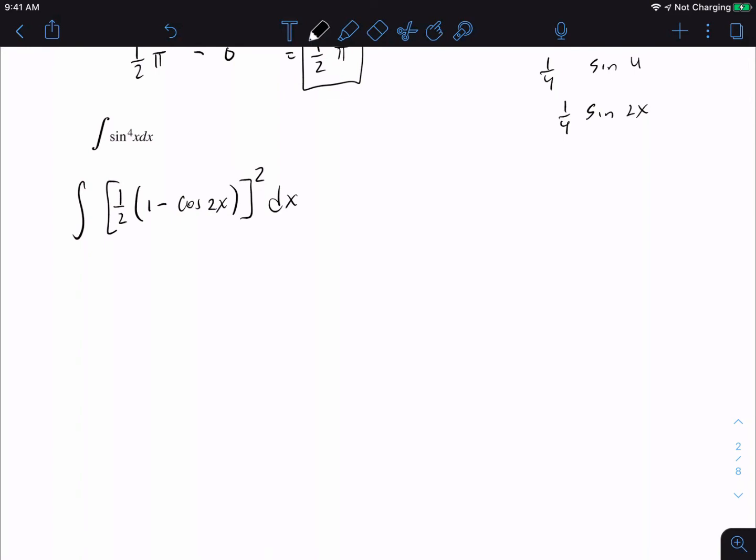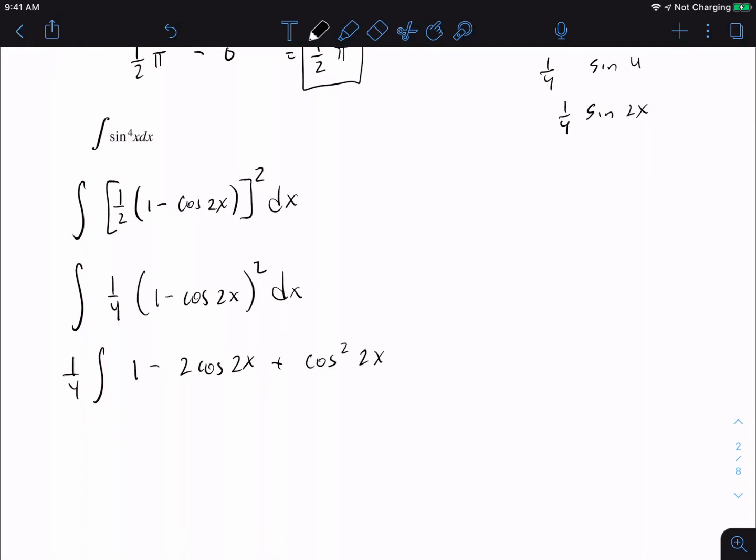Okay, so then from here, what I'm going to end up having is 1/4 (1 minus cosine 2x) squared dx. Wanting to clean that up, I'm going to take the 1/4 out, and I'm going to get the integral of 1 minus 2 cosine 2x plus cosine squared 2x, all of this times dx.